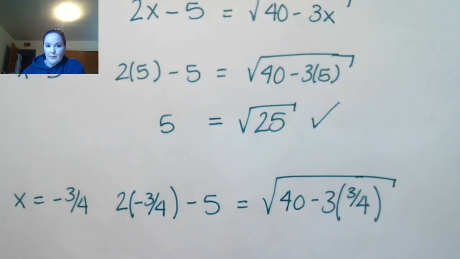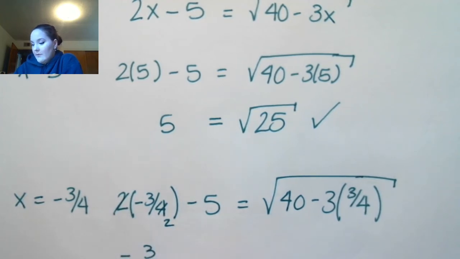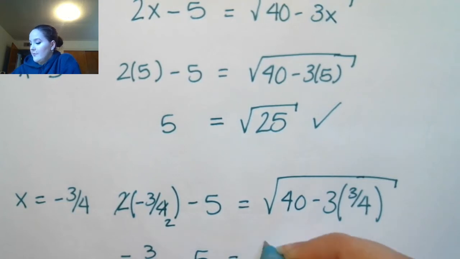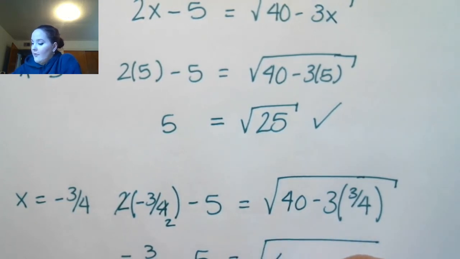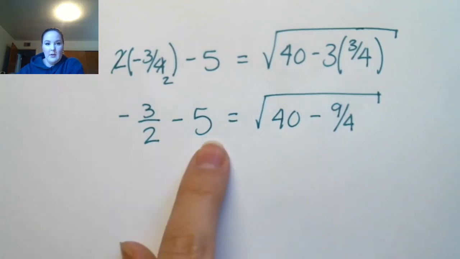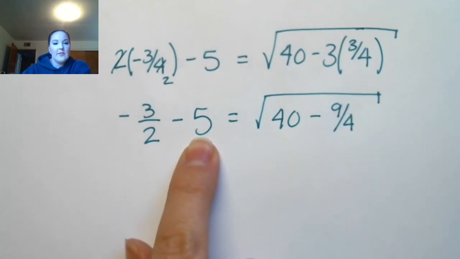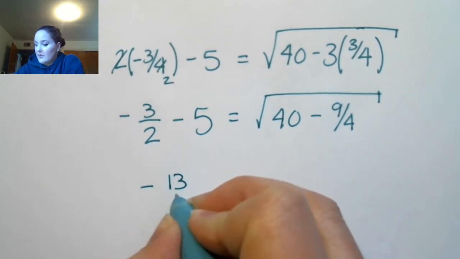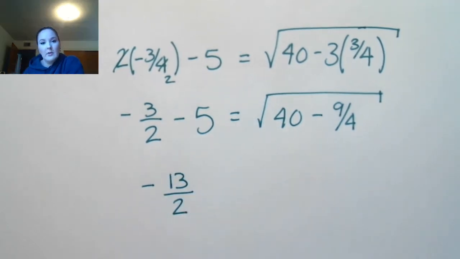Now 2 times 3/4, these are going to cancel, and I'll get negative 3/2, minus 5. And then here I have 40 minus 9/4. Now 5 is the same as 10/2, so this is going to be minus 13/2.